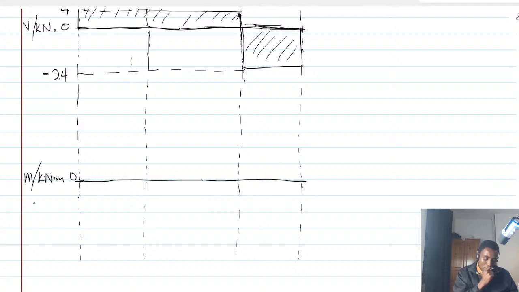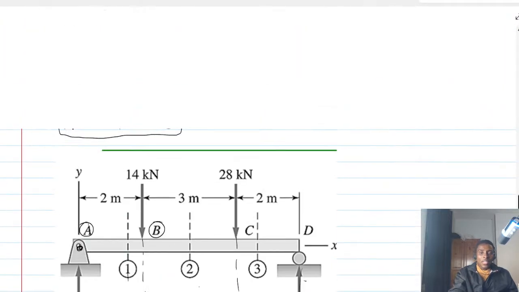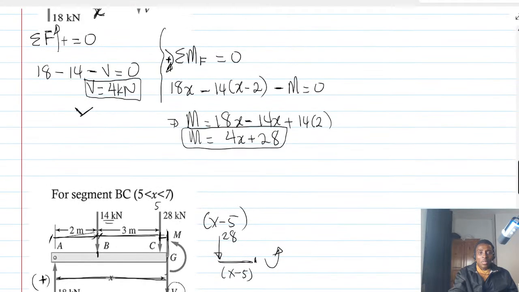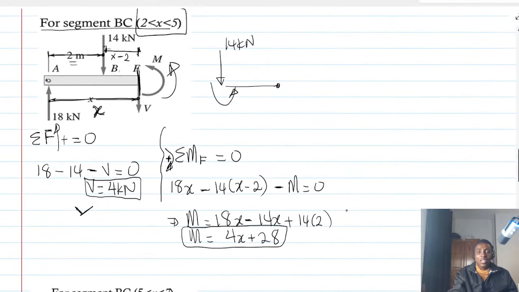All right. So this is, let me take my time, this is the moment. All right. Between A and B, the first section, the moment was what? 4x plus 28.